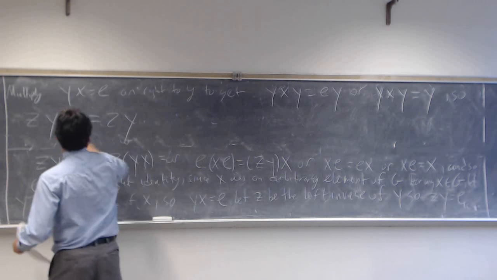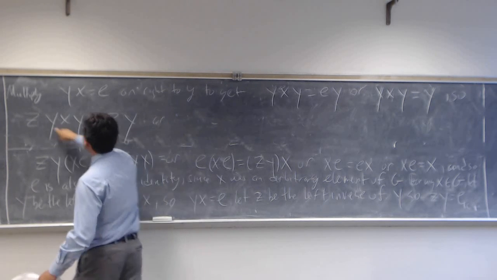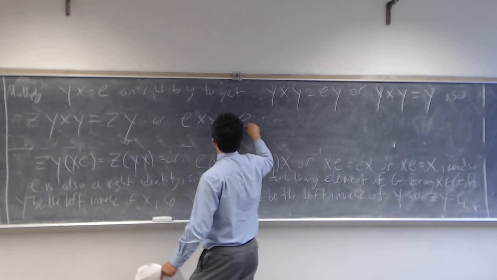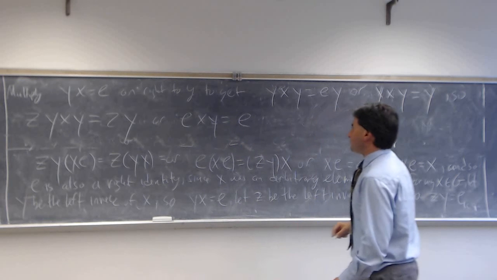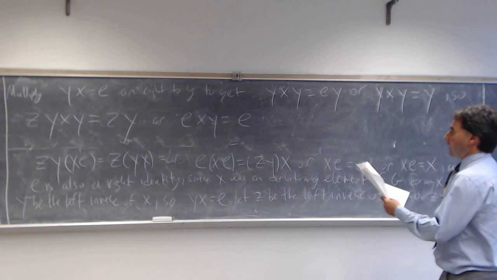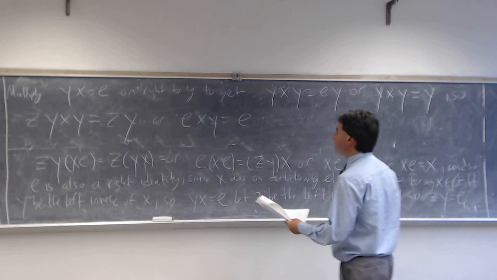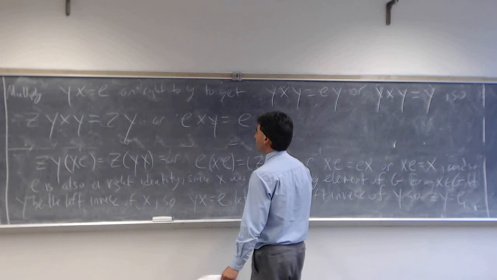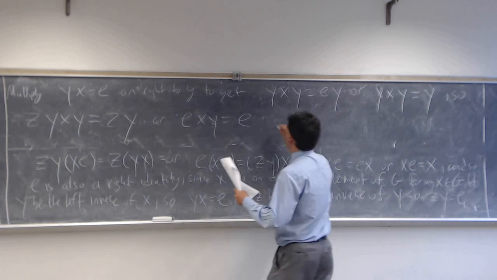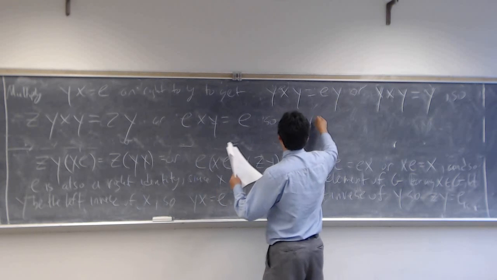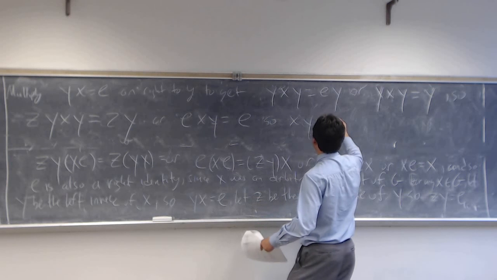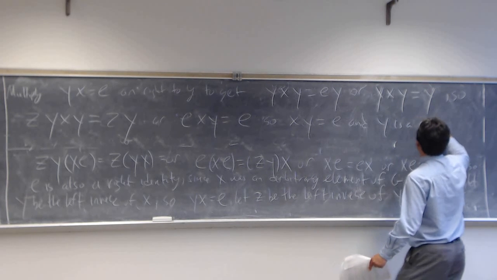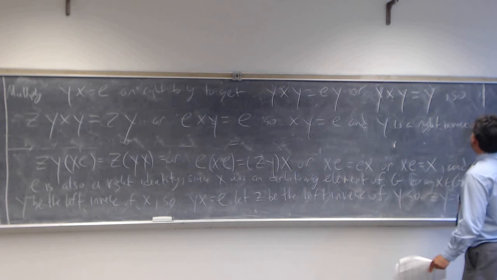This zy is equal to E. So zy is E, so this becomes E xy equals E. But E is both a left and a right identity, so this becomes xy equals E, and y is a right inverse of x.